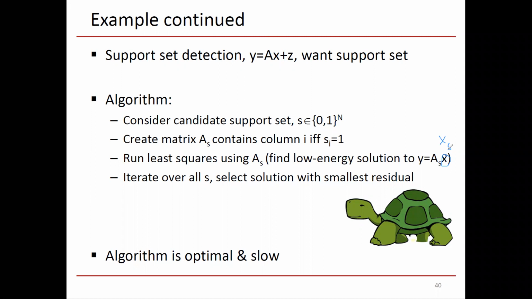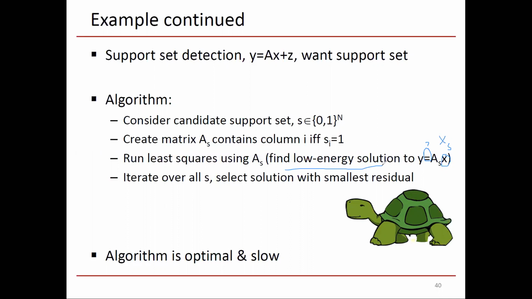We're looking for XS such that AS times XS is close to Y. Now, it's close to Y. It's not really equal to Y. So equal will be kind of in quotation marks, so I'll just write a question mark here. It's probably not equal, but maybe we'll have a low energy solution that's close to Y.